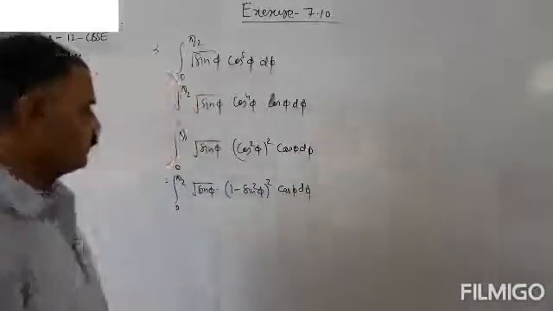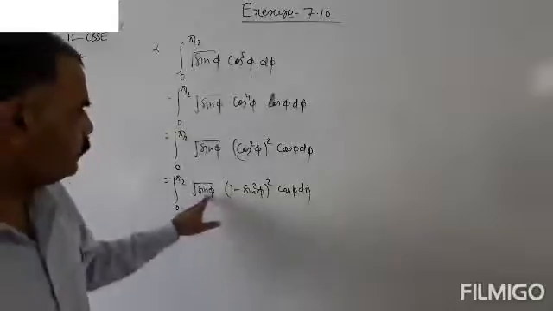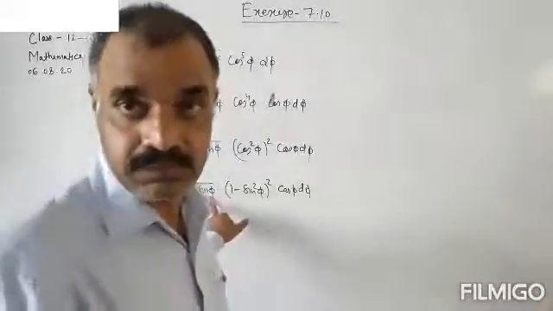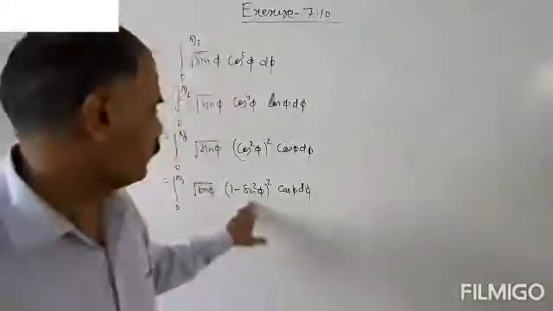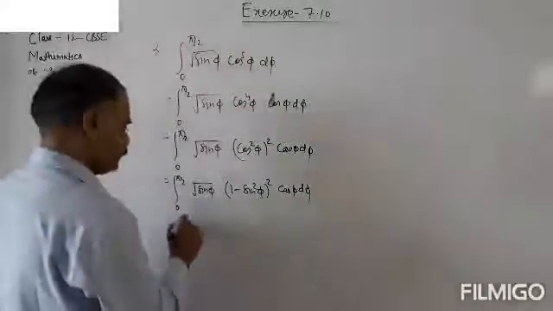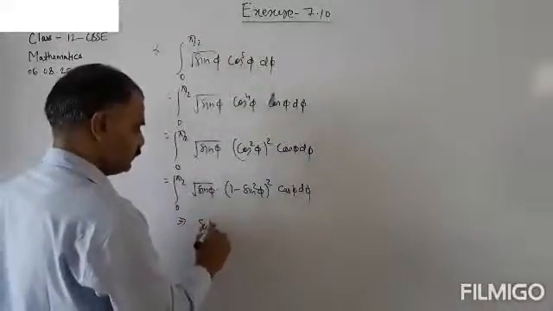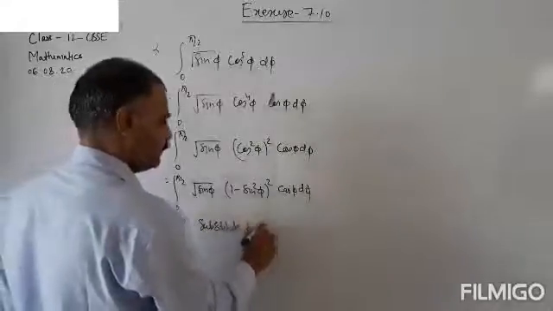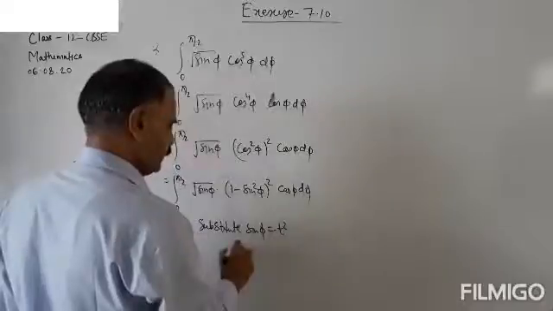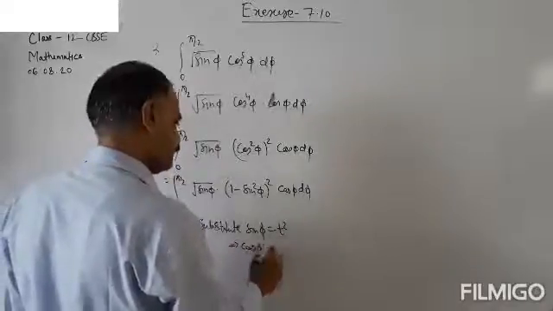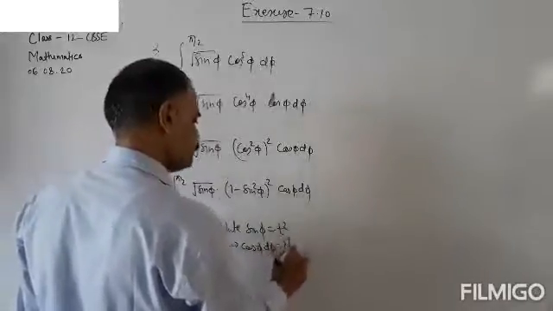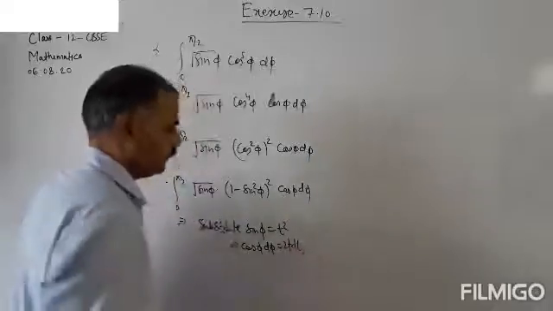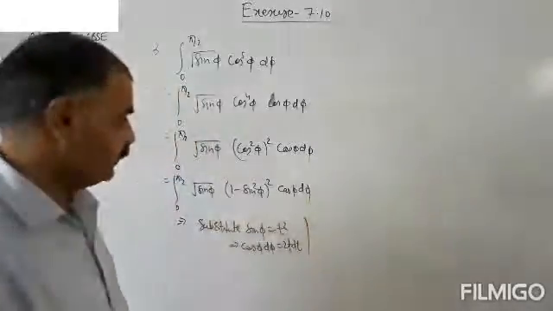Now we have to substitute sin phi equals t square. It means cos phi d phi is equal to 2t dt. Now what is the new limit?